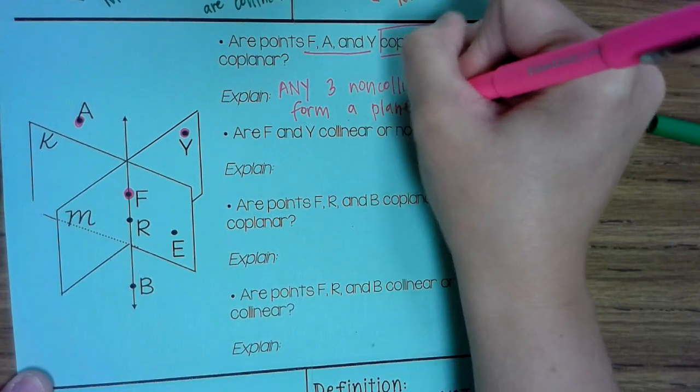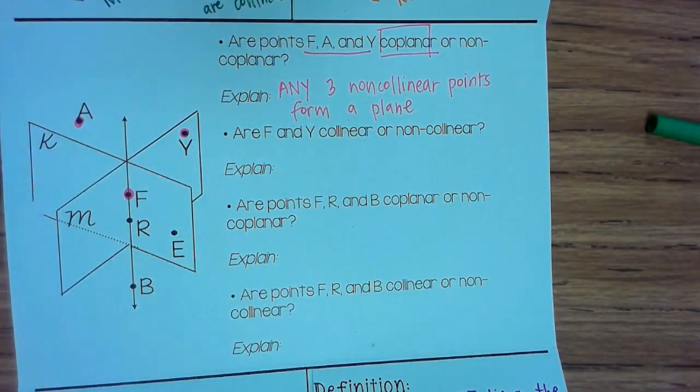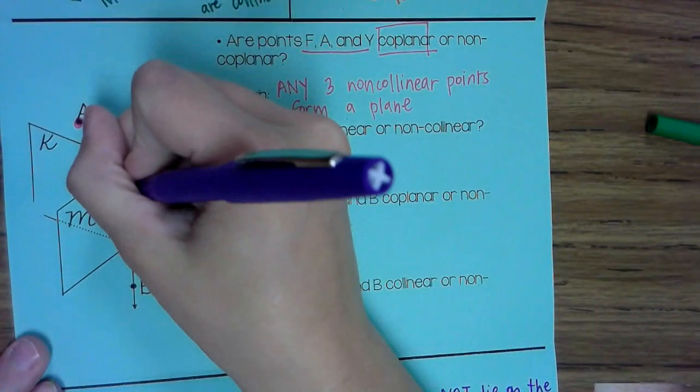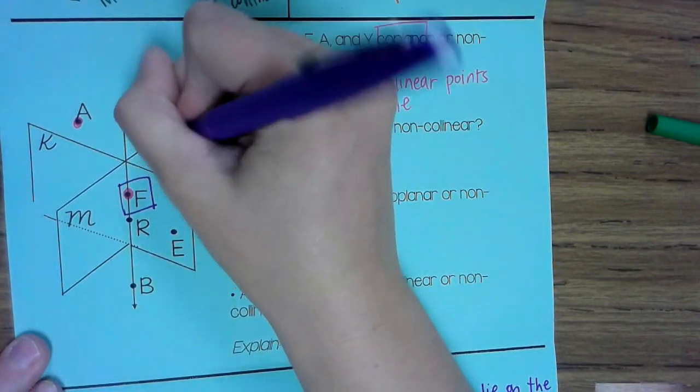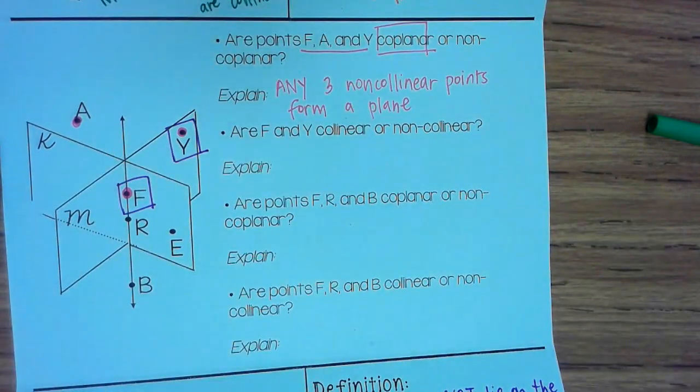All right, look at the next one. Are F and Y collinear? Again, we're not going to get too bogged down on our picture. We're looking at F and Y, those 2 points. Are they collinear or non-collinear? Okay, so let's back up again to our last video. When we talked about lines, we said that you have to have 2 points to name a line.